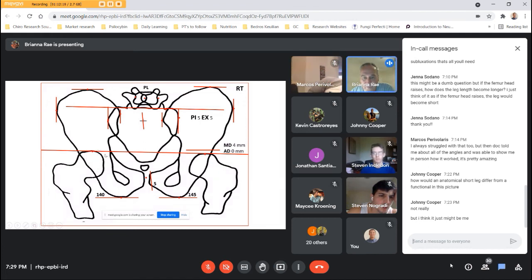It'd be 2 millimeters on the left. Because if you go up 6, like a teeter-totter, if the right side goes up 6, that's more than the 4, so that means it's going to be lower on the left. So you'd have an AD of left. So here, that would be a situation where after correction of the ilium, instead of having an MD of 4 on the right, you'd have an AD of 2 on the left.